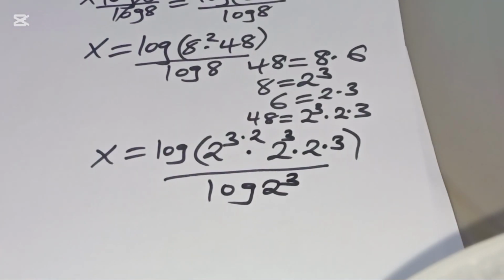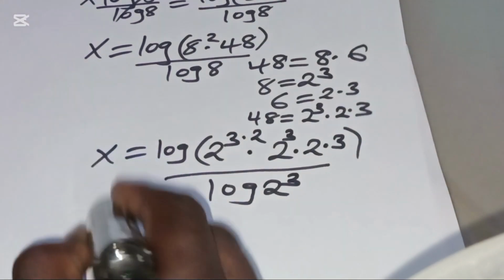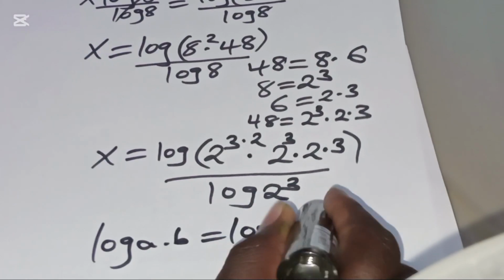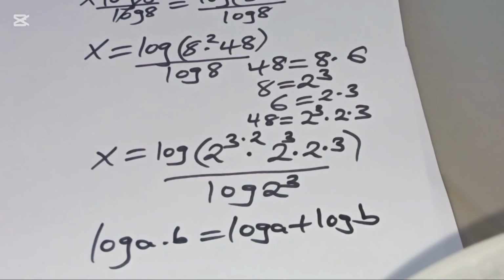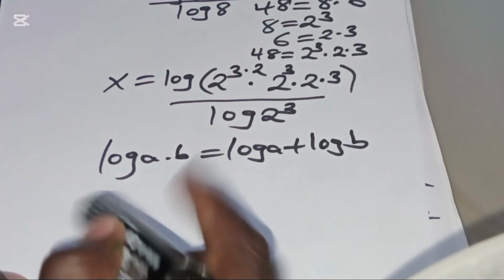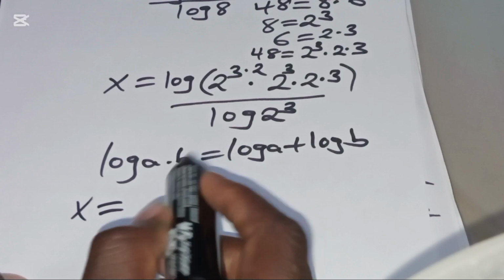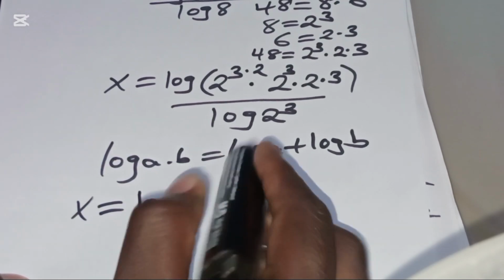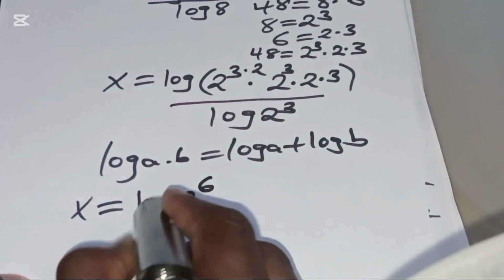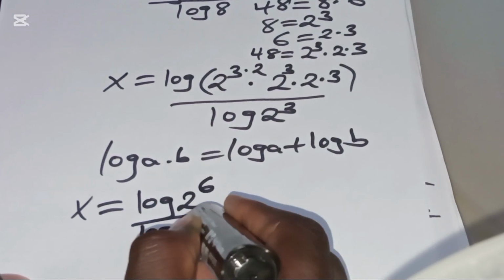Now log of 2 to the power 3 times 2 times 2 to the power 3 times 2 times 3 is in the form of log of a times b, which is log a plus log b. Applying this logarithm identity, 2 to the power 3 times 2 is equal to 6, so we'll have log 2 to the power 6 divided by log 2 to the power 3.